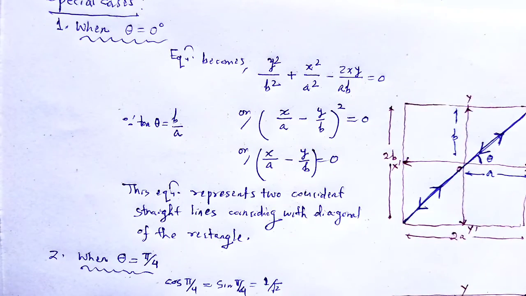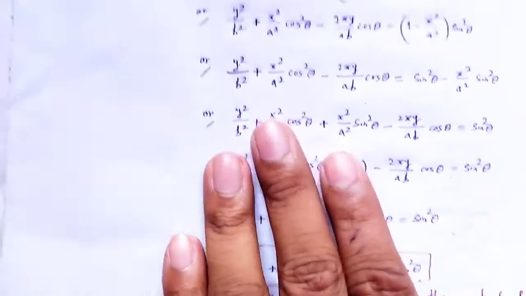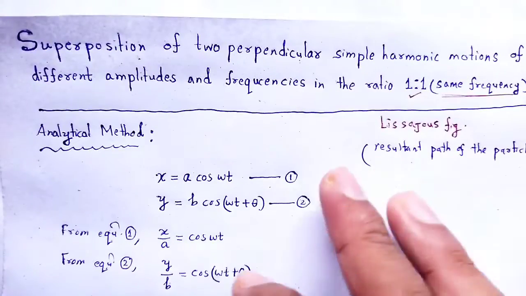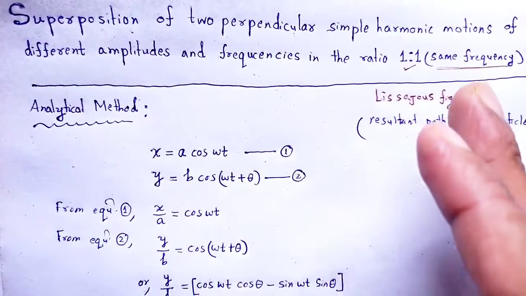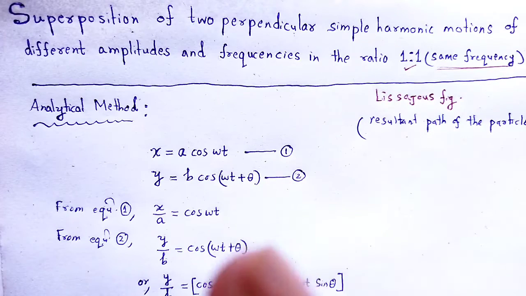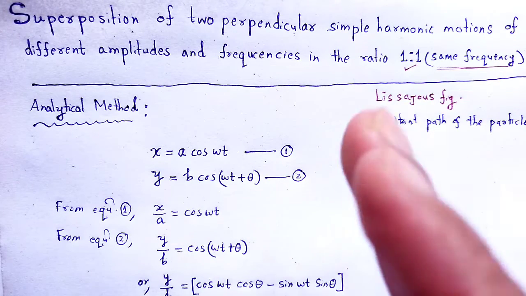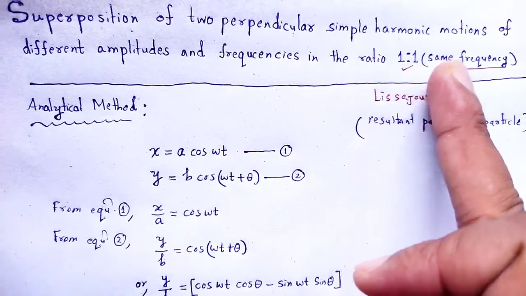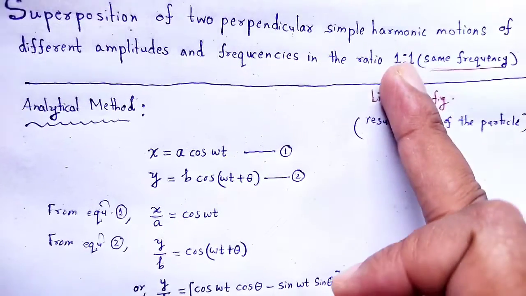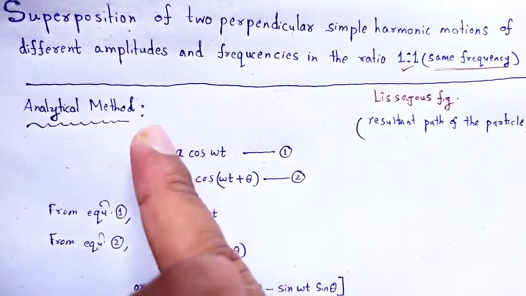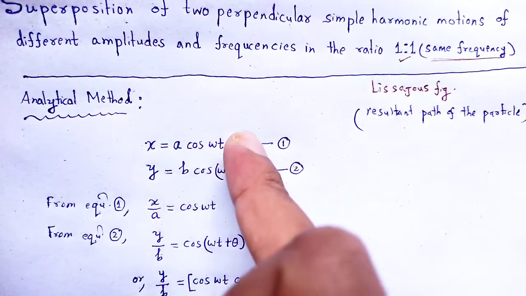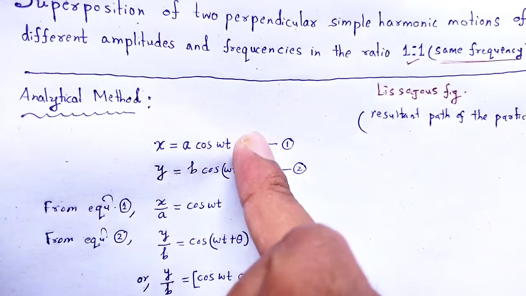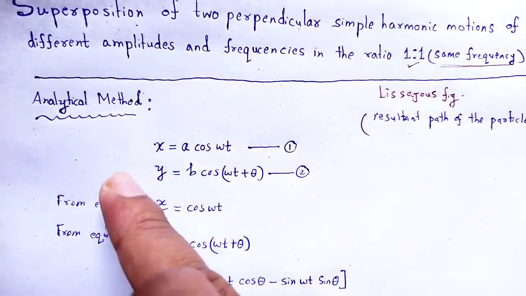So, with the help of this video lecture, we understand the superposition of two perpendicular simple harmonic motions of different amplitudes and same frequencies, ratio 1:1, that is the Lissajous figure 1:1 by analytical method. We take two simple harmonic motions, one along x direction, another along y direction.